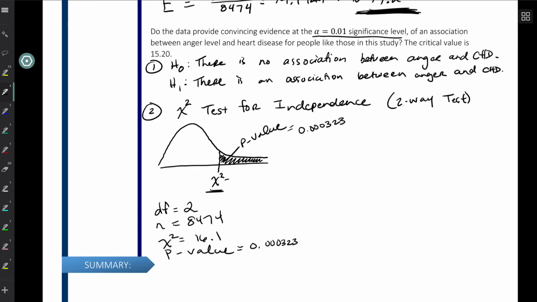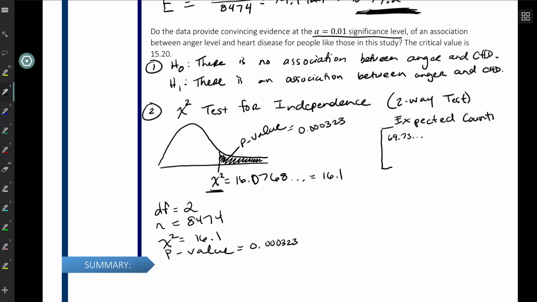Our chi-squared is this value down here, 16.1 or 16.0768, so on and so forth, which gave me 16.1. It's usually a good idea too to write out your expected counts matrix, or the two-way table of expected counts. You can do that. It's usually not required, but just in case, if you want to actually write out all of your expected counts, the results I had here were 69.73.